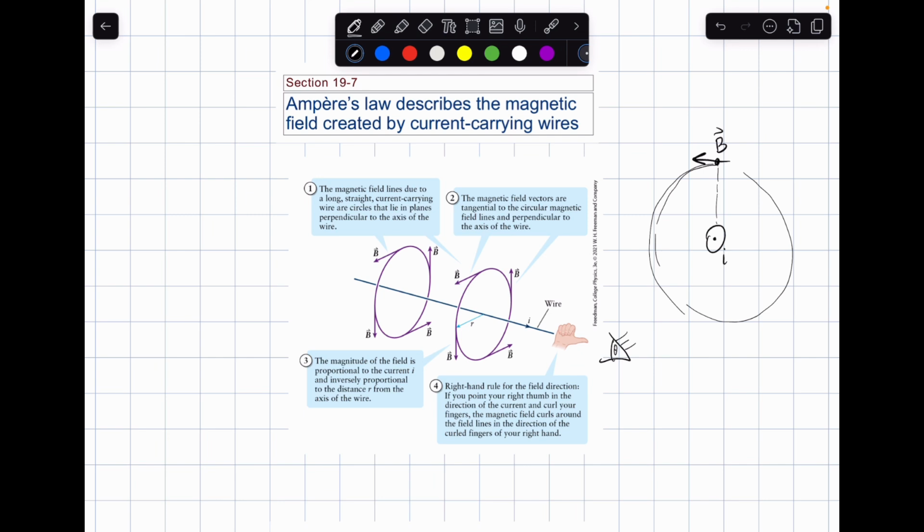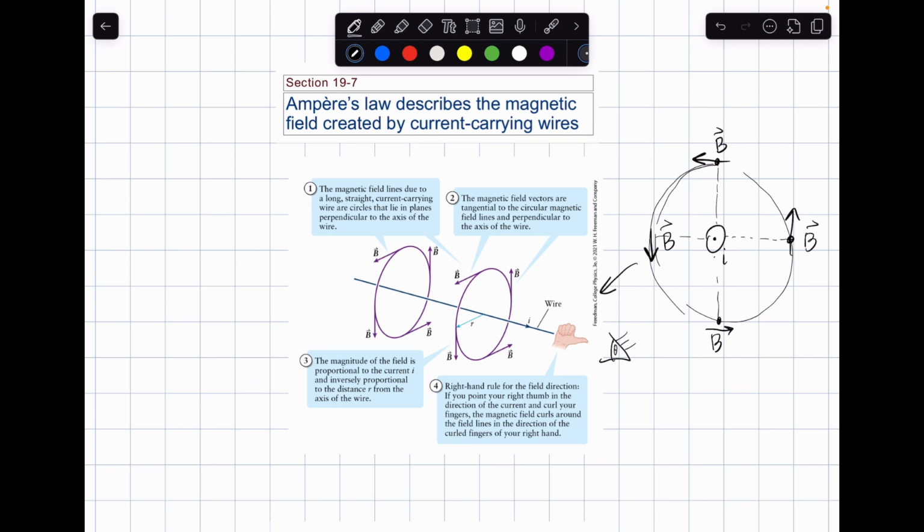When I am to the left of the current, the B field will point down. When I'm below the current, the B field will point to the right, and when I'm to the right of the current, the B field will point up. So the B field makes a counterclockwise circle around a current that's coming out of the page.